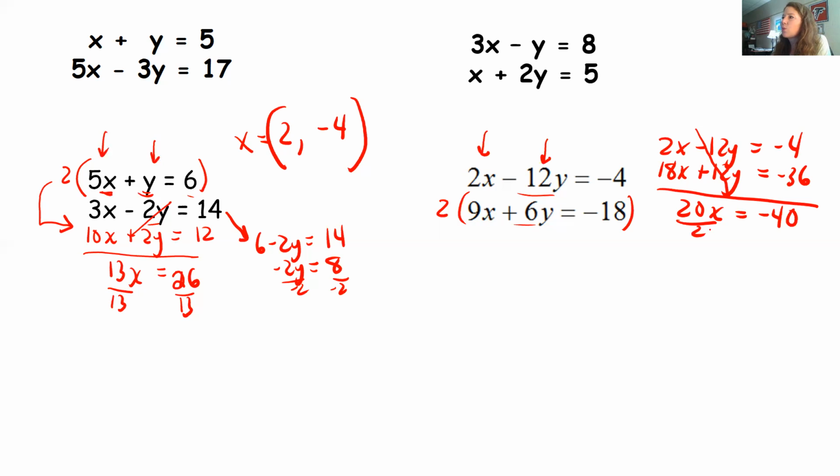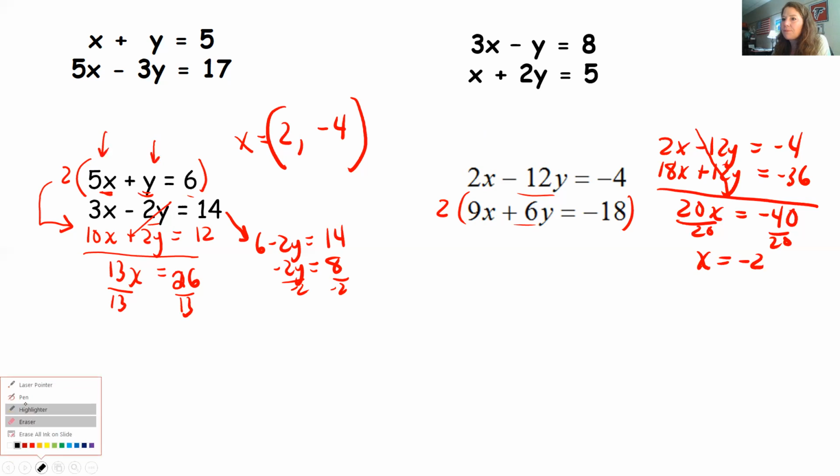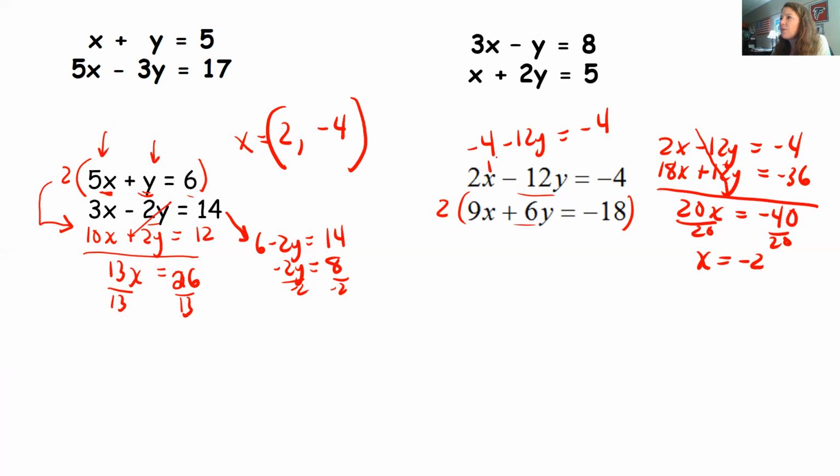So my y's are gone, and I have 20x equals negative 40. When I divide by 20, I get x is equal to negative 2. When I plug in negative 2 for x, I'm going to plug it into the top one. So 2 times -2 is -4 minus 12y is -4. So when I add 4, I get -12y is equal to 0.